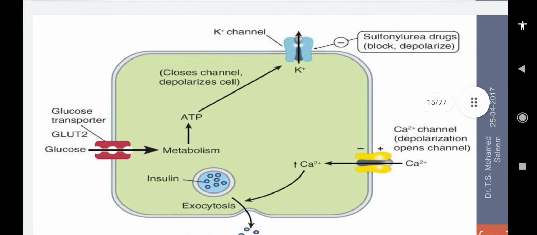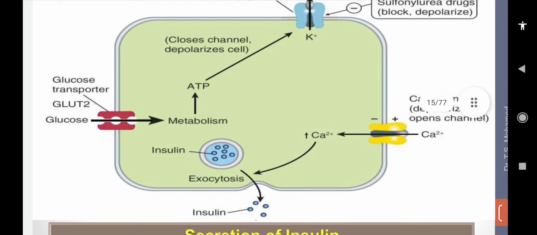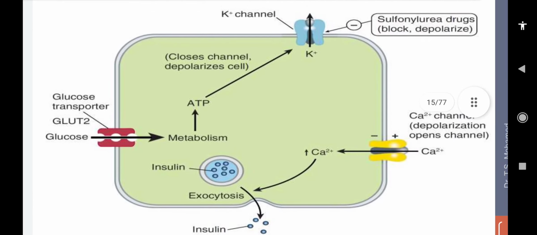Okay, this is a structure. What does this structure want to tell? The secretion of insulin. In the upper side of the picture, you can see the potassium channel. Potassium is the inhibitory. Sulfonylurea drugs block the potassium channel.